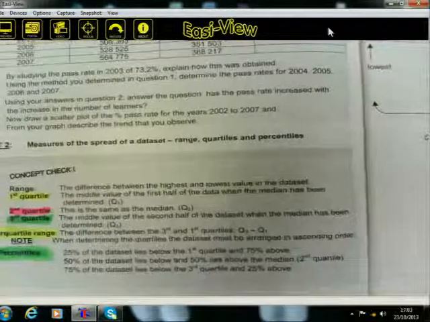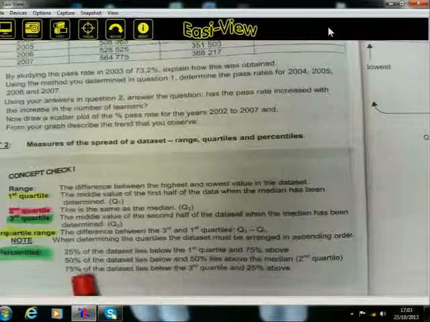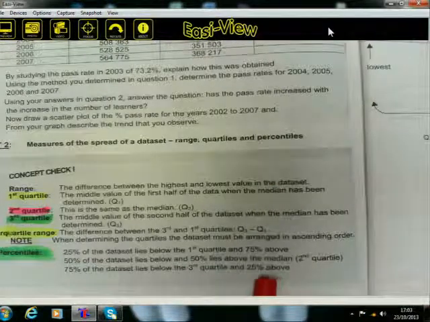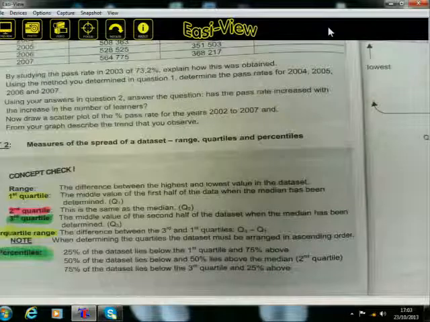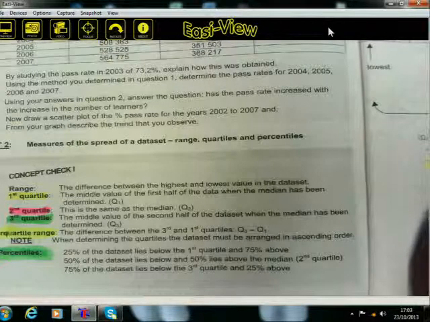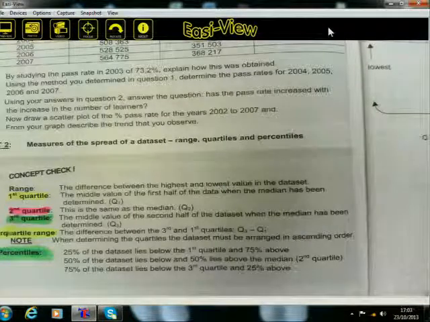We said about 25%. Now 50% of the data lies below and 50% lies above, and that is the median. Remember, the middle one is the median.